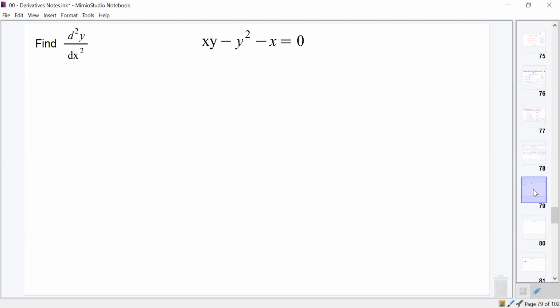So to take the derivative of xy, we need the product rule: x times the derivative of y with respect to x, plus y times the derivative of x, which is just 1. And then the minus y squared becomes minus 2y dy/dx. The minus x becomes minus 1, and the 0, its derivative is still just 0.